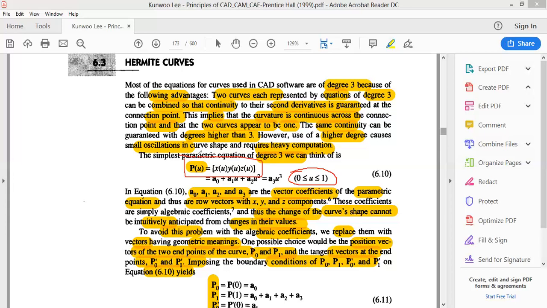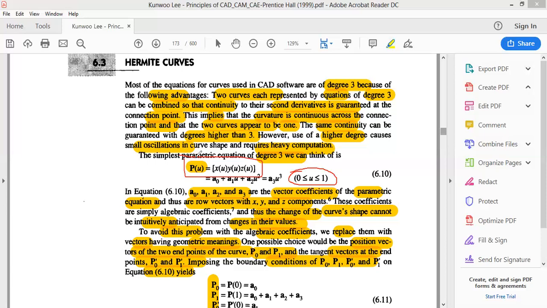That is, we cannot clearly identify what the change will be if we vary these algebraic coefficients. So to avoid this problem, we have to convert these algebraic coefficients into geometric meaning, so that with this geometrical data we can assess the shape of the curve.